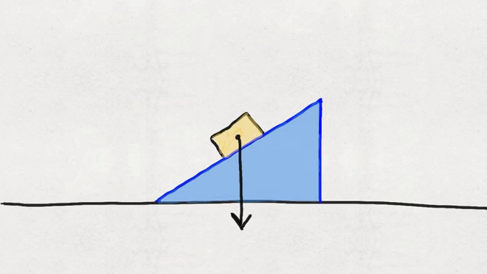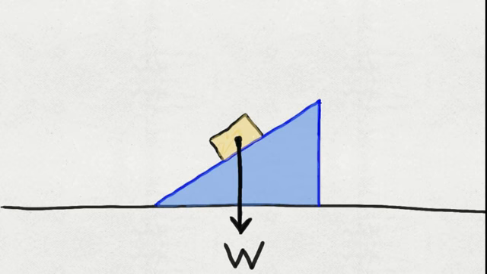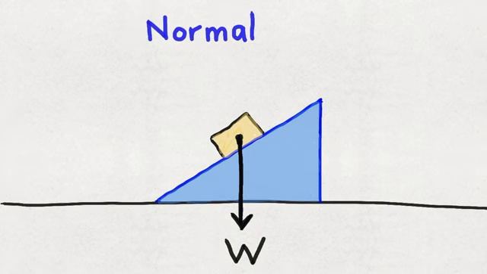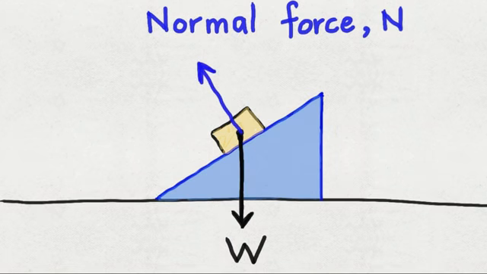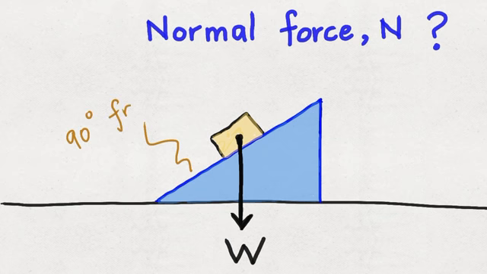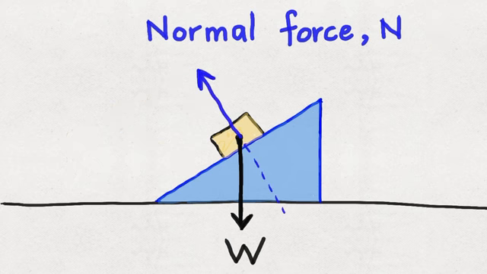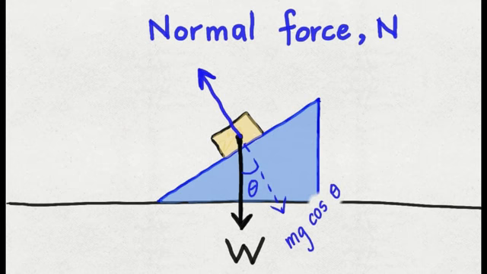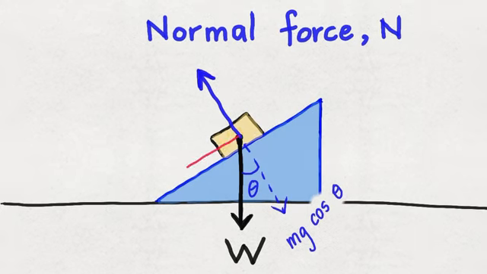For an object on an inclined plane, the forces which act on the object are weight and normal force N. Remember that normal force is perpendicular to the surface of the plane. Since the gravitational force is at an angle of theta to the inclined plane, the object is balanced by an equal and opposite force, which is the component of the weight, mg cos theta.